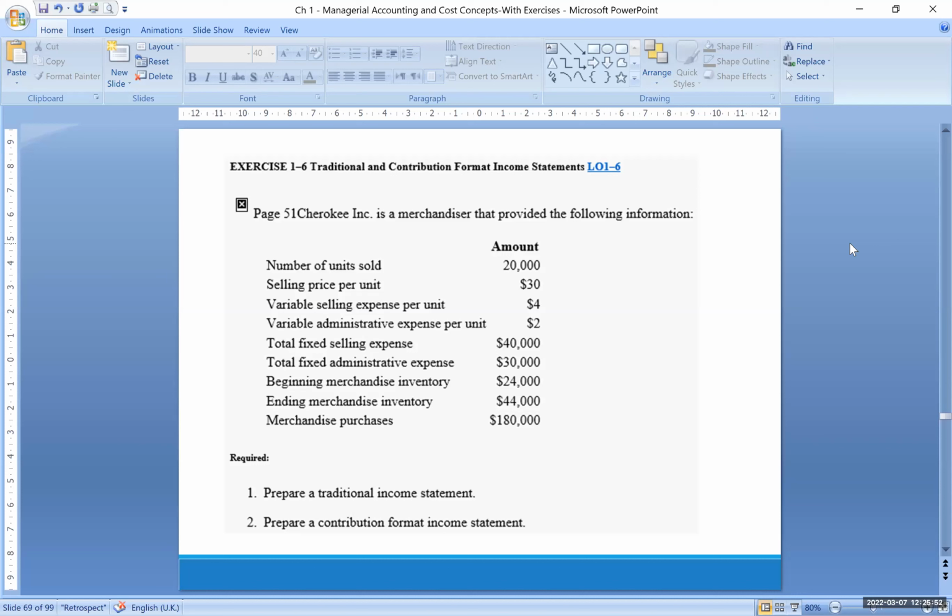We have number of units sold, selling price per 1 unit, variable selling expense per 1 unit, variable administrative expense per 1 unit, total fixed selling, total fixed administrative, beginning merchandise inventory, ending merchandise inventory, and merchandise purchases. This question talks about the preparation of the income statement into two formats: traditional income statement and contribution income statement.